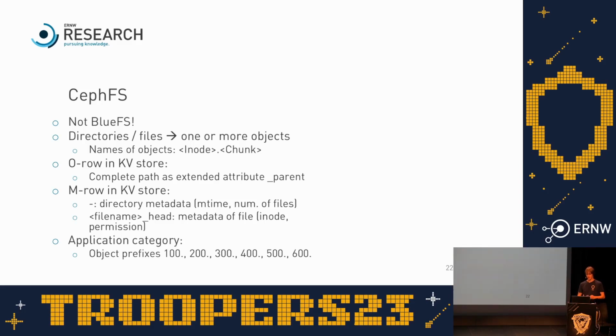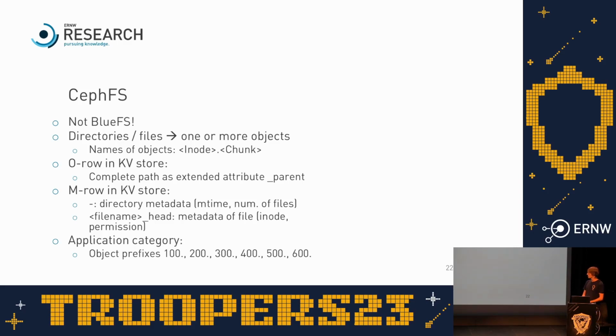because the mapping is that you create a file. The file gets assigned an inode ID, and then you have inside your cluster a maximum size for objects, which is, let's say, 4 megabytes. If you have a file that is 20 megabytes, you will end up with 5 objects for the inode 1000, for example.